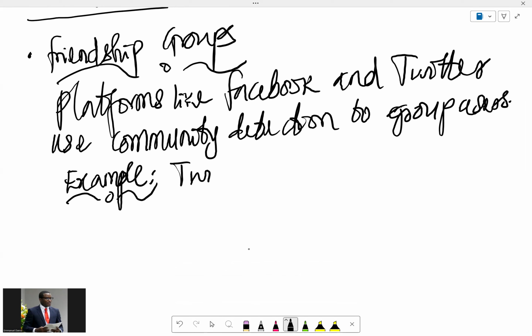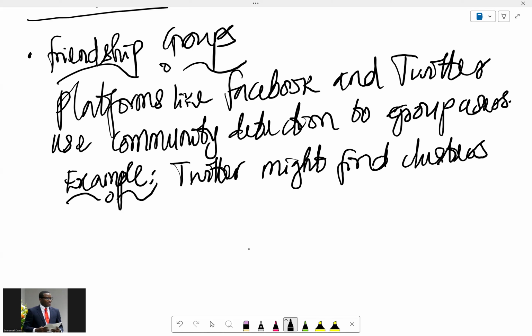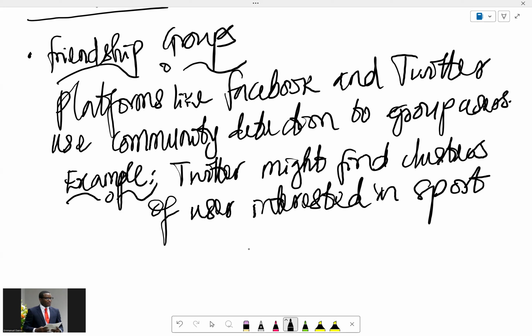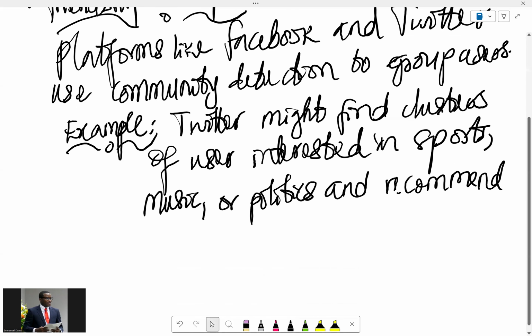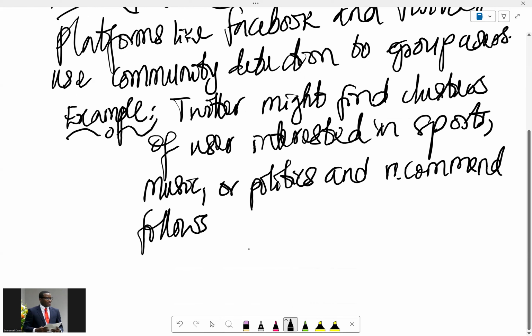Twitter might find clusters of users interested in sports, music, or politics, and recommend follows or trends.